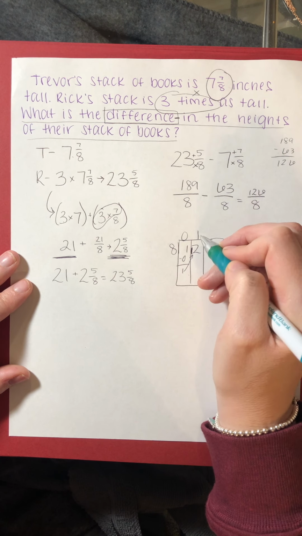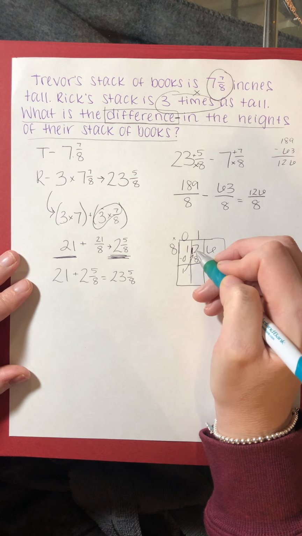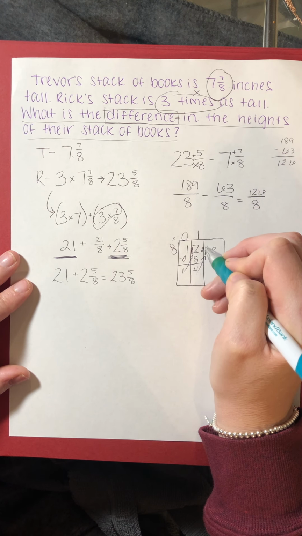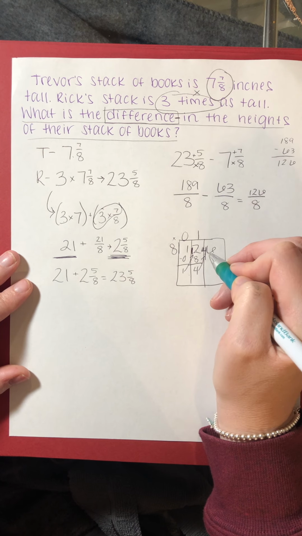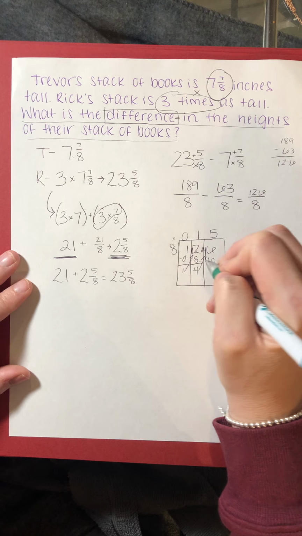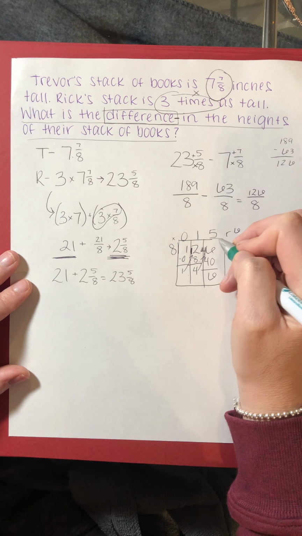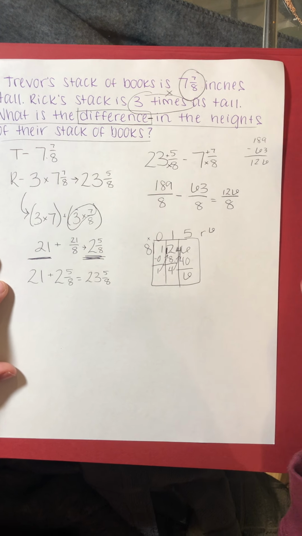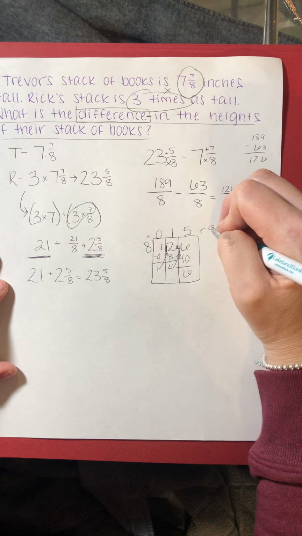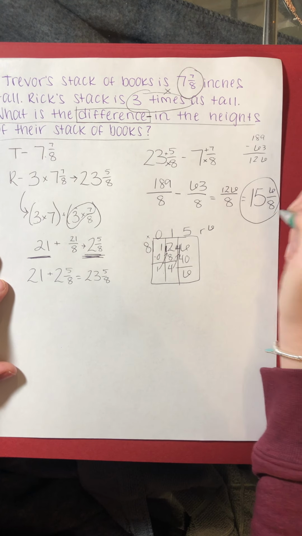I know that can go in once. 1 times 8 is 8. 12 take away 8 is 4. How many times can 8 go into 46? Well, I know that 8 times 5 is 40, with a remainder of 6. So my new fraction is going to be 15 and 6/8. Okay, that's my answer.